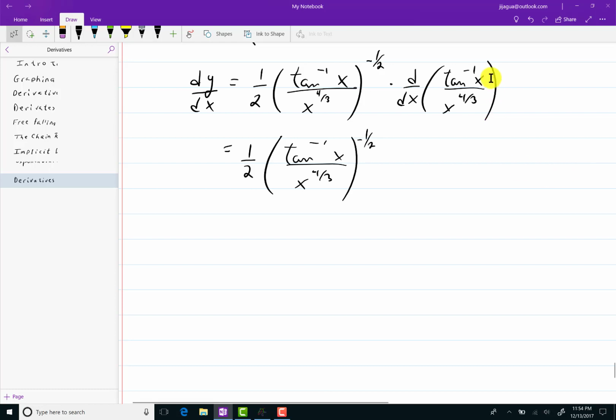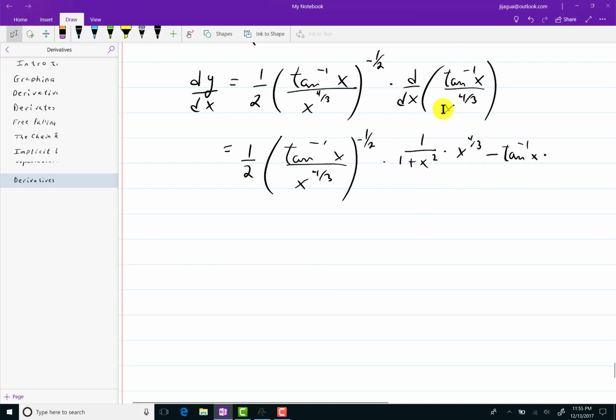For this piece here, I'm going to use the quotient rule. So the quotient rule says the first thing I take the derivative is the top part. So I'll have a 1 over 1 plus x squared there. Leave the denominator alone, x to the 4/3. Now minus, this time leave the numerator alone, but take the derivative of the denominator.